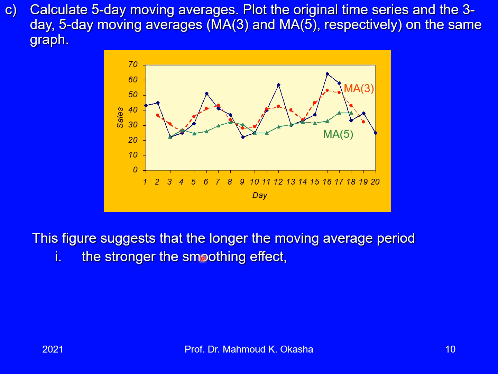So this figure suggests that the longer the moving average period, the stronger the smoothing effect. That's more smooth. If we have a 4 or 5-point, it is approximately a straight line. But the 3-point moving average contains more fluctuation than the 5-point moving average.